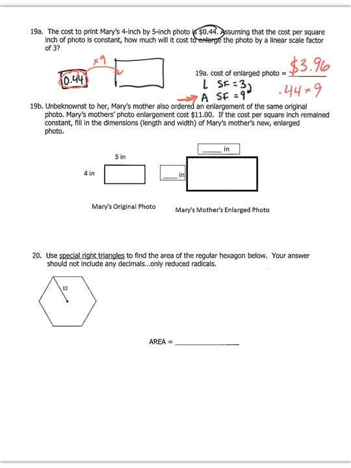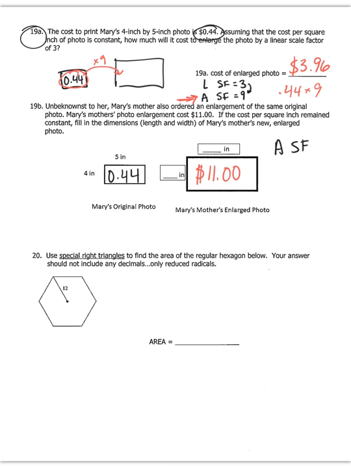We have a similar question down here, but it's basically backwards. It says Mary's mom already enlarged the photo and it cost her $11. And we want to know what these new dimensions are for the bigger size photo. Well, we could find the area scale factor pretty easily by saying, okay, our original one cost 44 cents from the problem above.